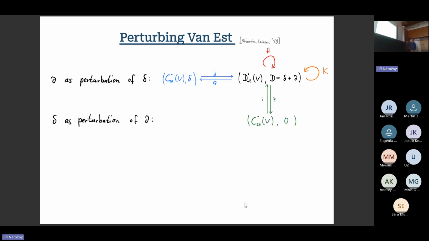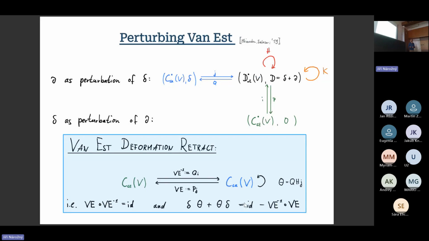Okay. So now we also know that the cohomology of this Chevalley-Eilenberg complex, which is really easy because we have zero differential, is the same as the cohomology of the finite double complex. And we have a homotopy for that. Okay, now composing these two directions gives what we call the Van Est deformation retract.